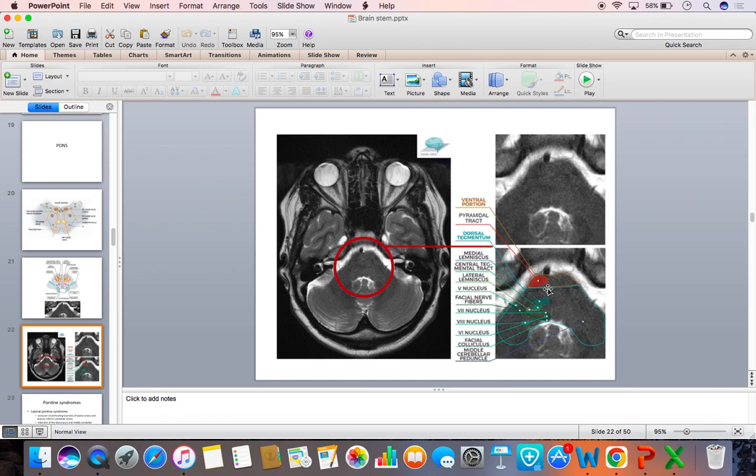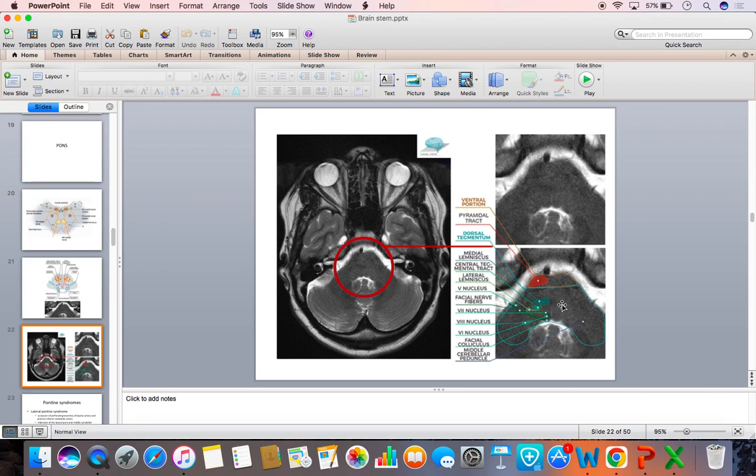If you go a little towards the ventral aspect of the pons, you have the pyramidal fibers. Depending upon the area of the infarct, you will get the clinical manifestations. And there are also sensory ascending fibers, that is, the medial lemniscus and spinothalamic fibers.